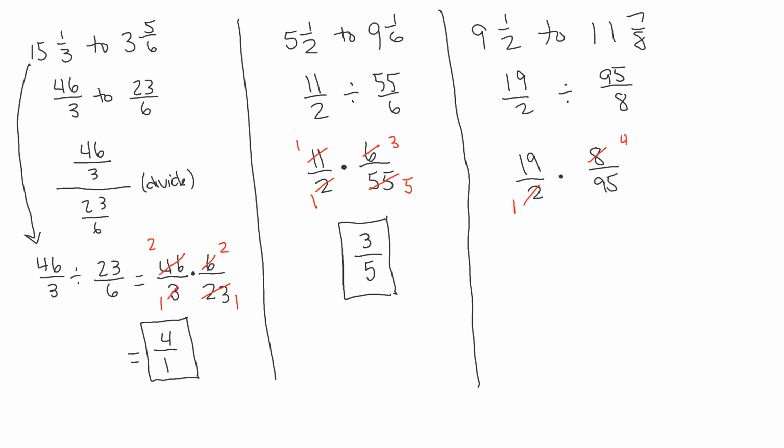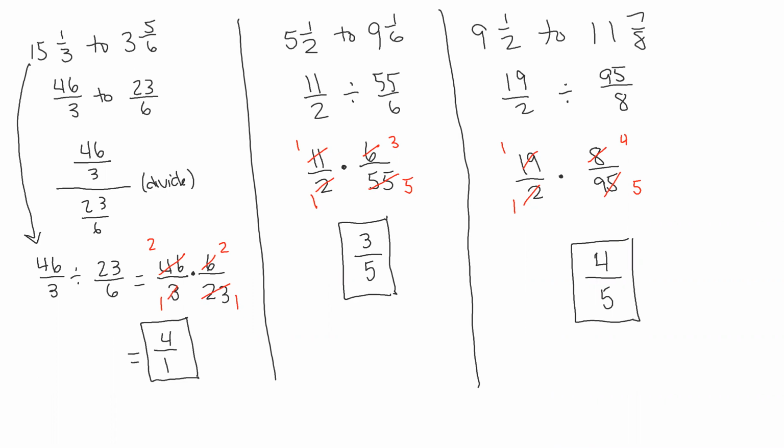And then 19 and 95 happen to have a 19 in common. 19 goes into itself once, into 95 5 times. We multiply across and we get 1 times 4 over 1 times 5. This simplifies to 4/5. So even though 9 1/2 to 11 7/8 seems kind of crazy, if we simplify it down, for every 4 that we have in the first set, we would have 5 in the second set. That's how you would simplify.